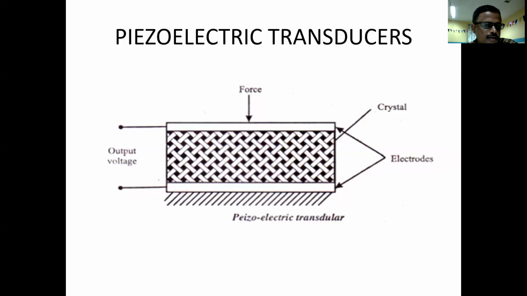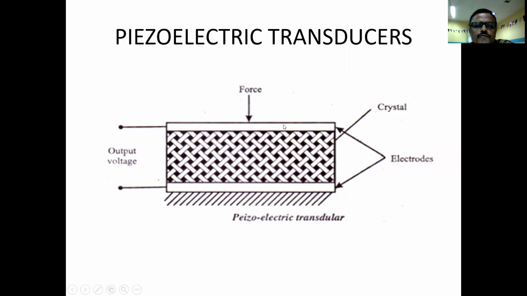So we have said piezoelectric transducer. What is a piezoelectric transducer? There are some materials like quartz or Rochelle salt which exhibit the property of piezoelectric effect. What is this piezoelectric effect?